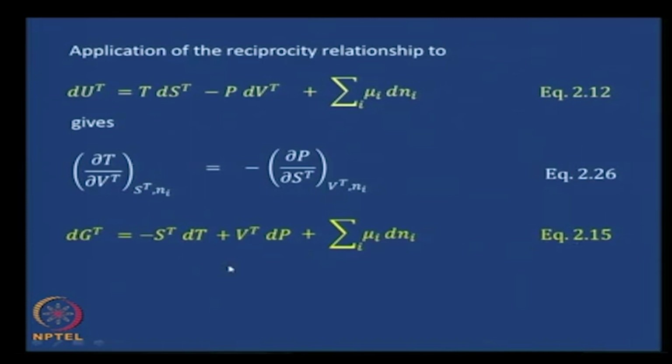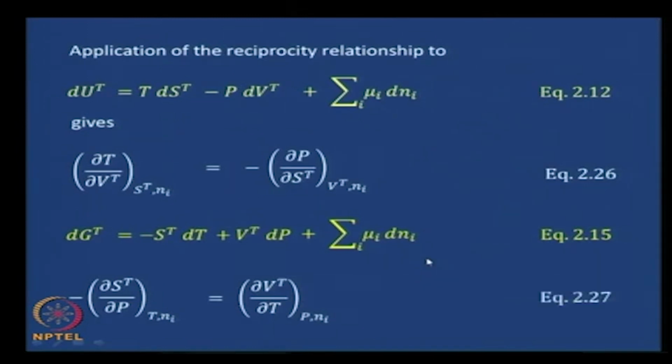If we utilize the reciprocity relationship here, then minus dou St by dou P at constant T and all other ni equals dou Vt by dou T at constant P and all other ni. By now you must be getting comfortable with writing reciprocity relationships from total differentials. Let us call this equation 2.27.